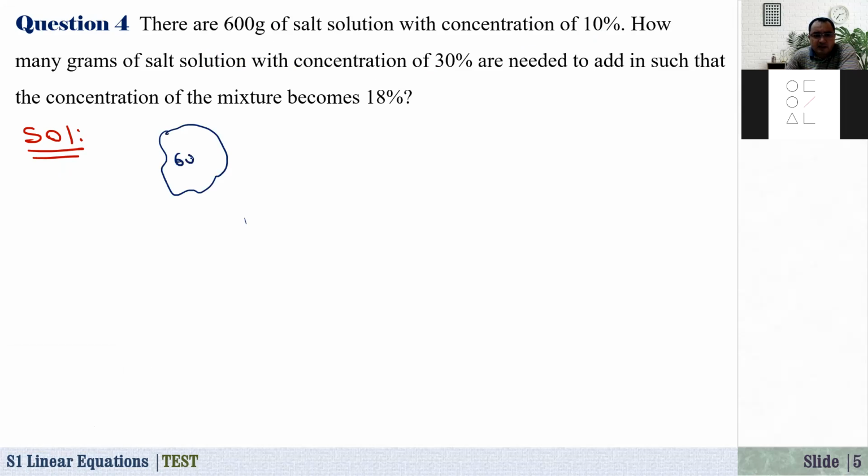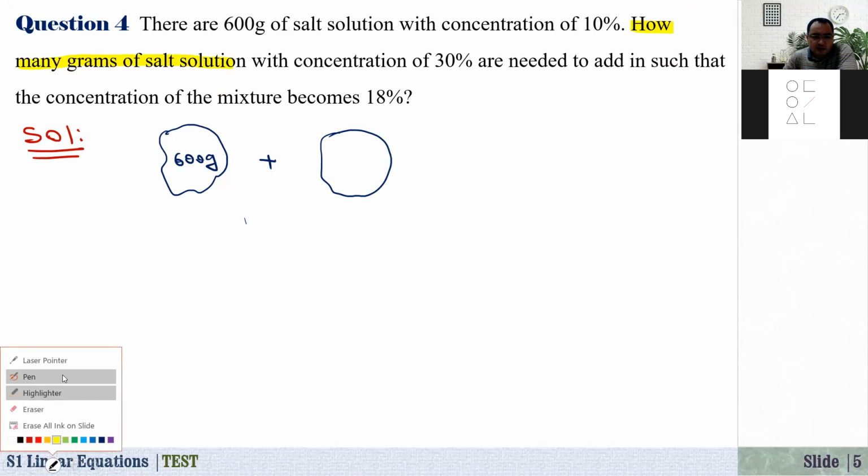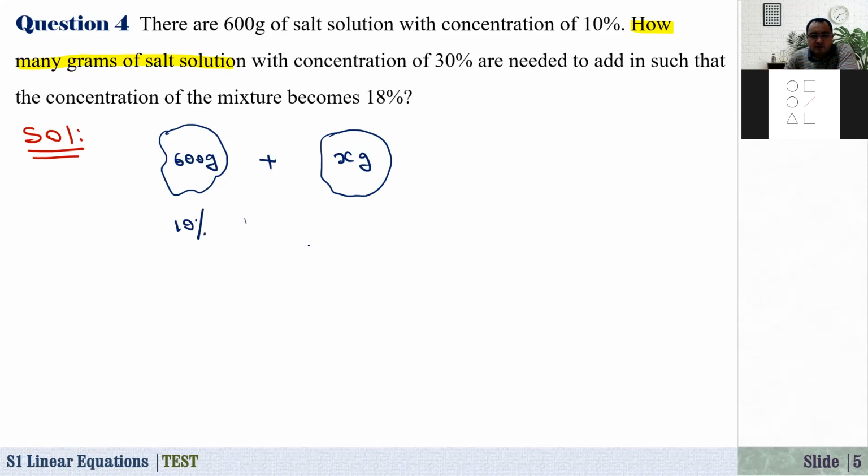So again, here we have a kind of salt solution, right? And that is 600 grams. And we are adding this to some solution. How much is it? It says how many grams, right? Here we have how many grams of salt solution. I don't know how much it is. Let's say here we have x grams, okay? And here it is 10% of salt solution, and this one is 30%.